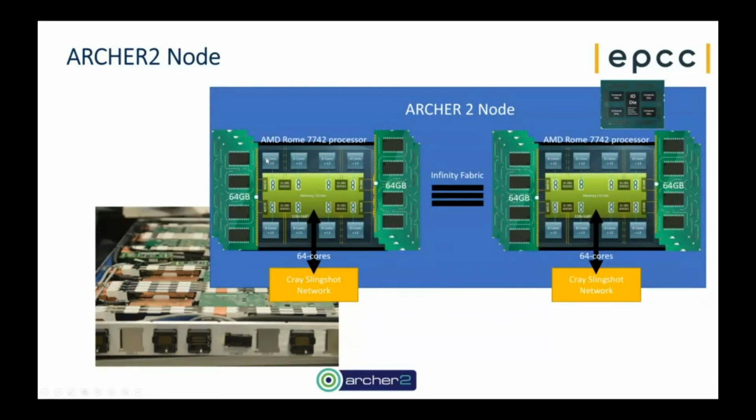Now, in general, if a worker here creates some data, it will, by default, be created in its local memory, and so will be as fast as possible, unless this worker is trying to create so much data that it doesn't fit in this local memory at all, and it will spill across here, or the local memory is already full, but this memory over here is not full, and so it will create it over here.